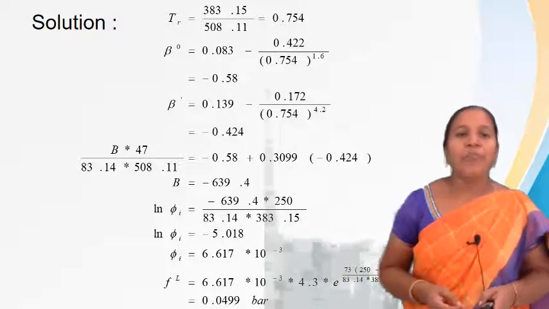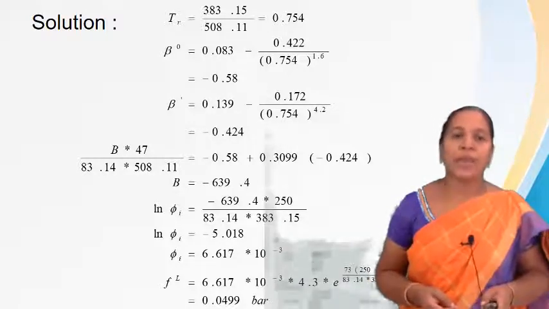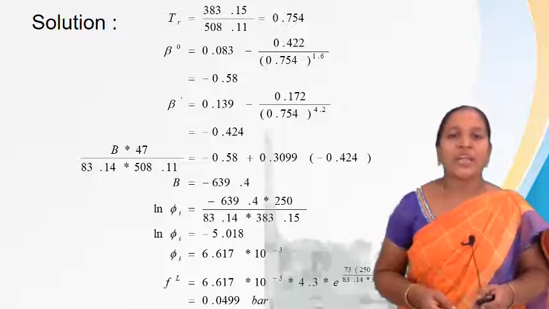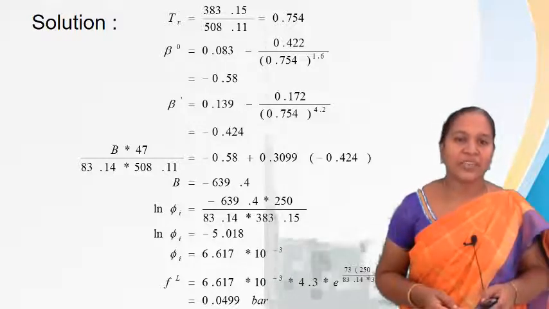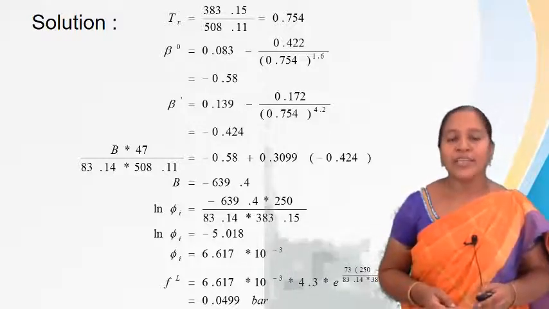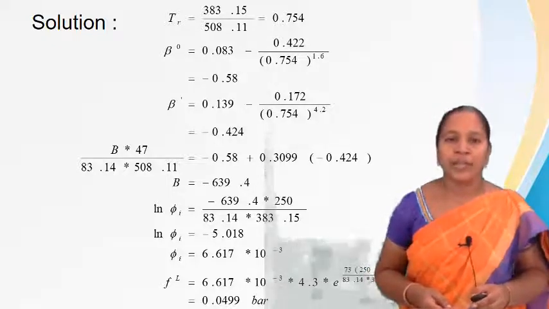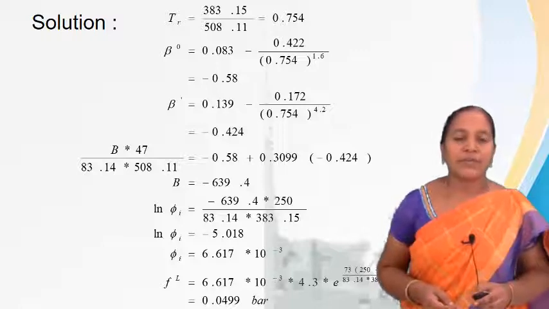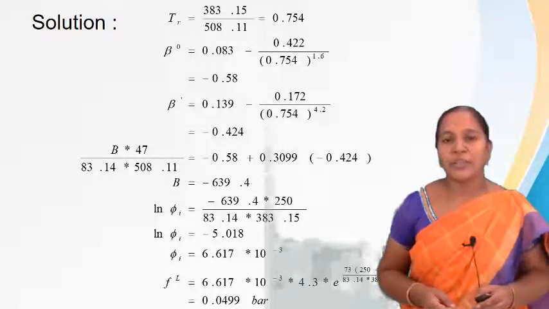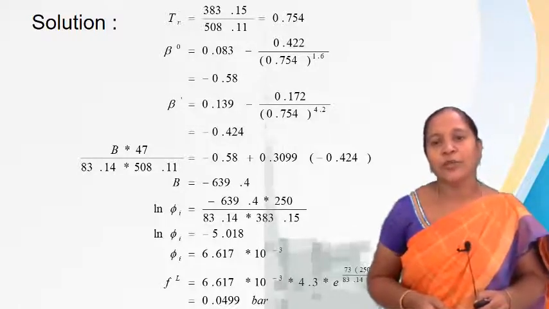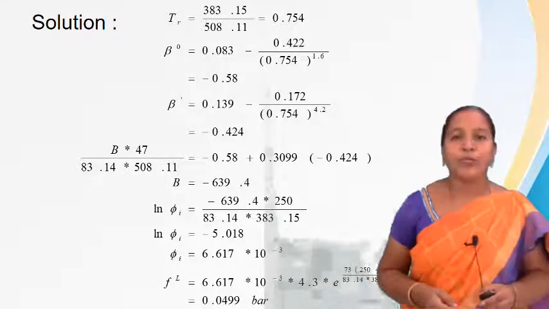Then calculate the B value by using BPc by RTc is equal to beta naught plus omega beta dash. That is, B into 47 by 83.14 into 508.11 is equal to minus 0.58 plus 0.3099 into minus 0.424.